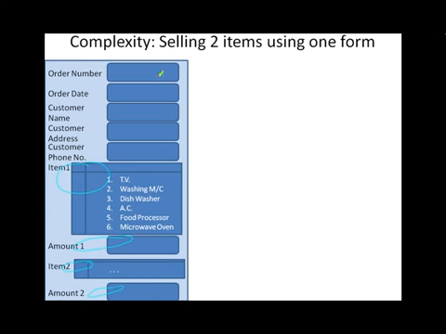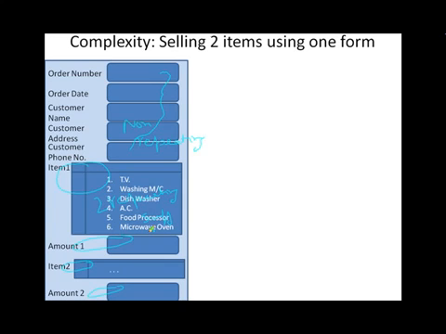This part of the information didn't change. It was non-repeating. And this part of the information changed, which had two repeating stuff, one for item 1 and one for item 2.